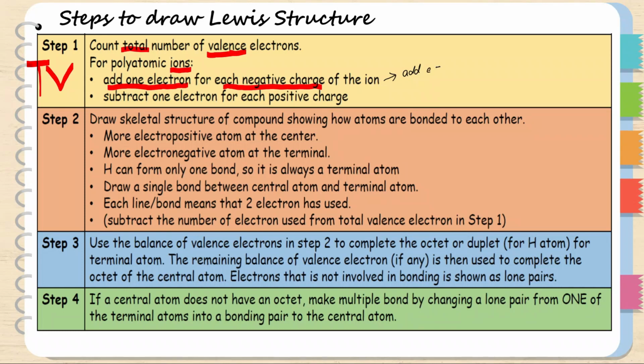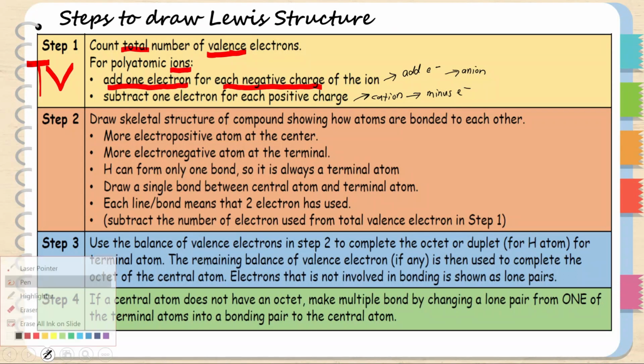Let's say for example we have CO3 2 minus, that means we need to add 2 electrons. When we are forming a cation, that means we remove electrons, so we subtract 1 electron for each positive charge.